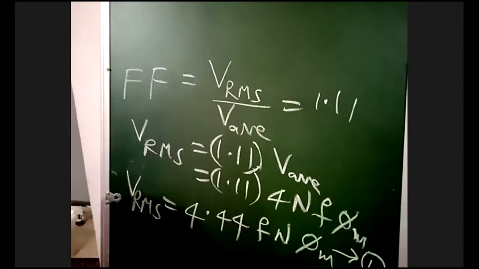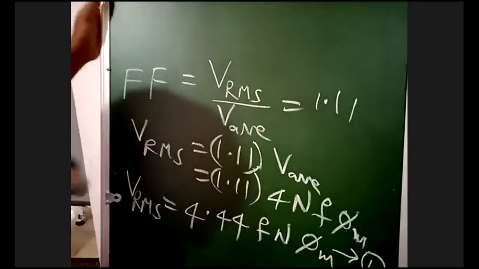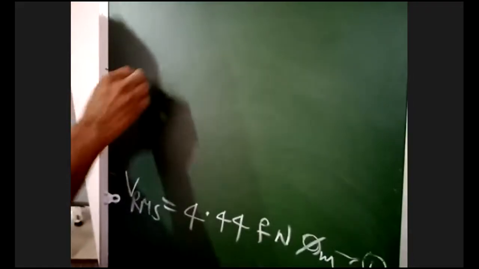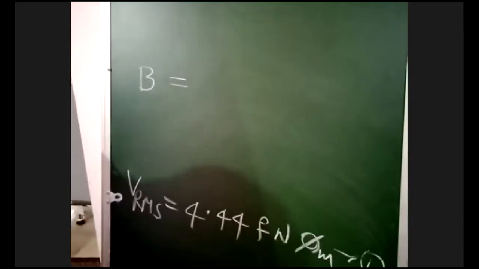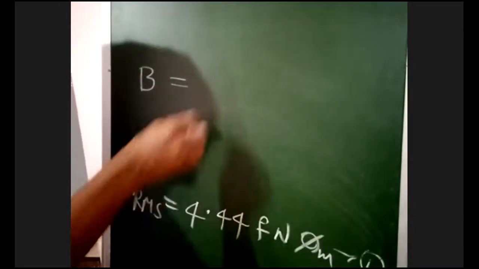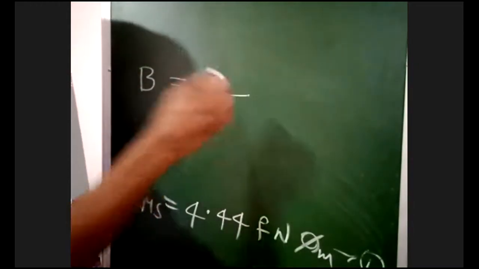Any doubt in the derivation? No, sir. Now see, this is phi m. What do you mean by flux density formula? B is called flux density. First of all, density means divided by area.